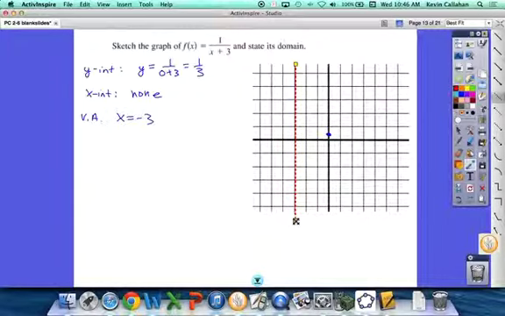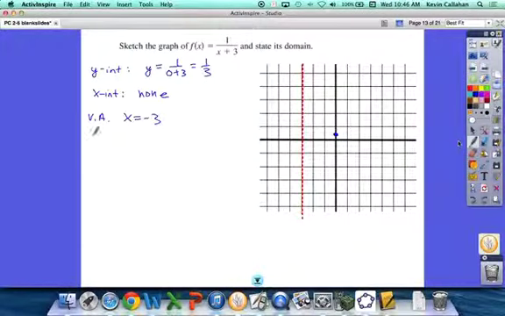That's good, right? The horizontal. Okay, which is a higher degree, the numerator or the denominator? Denominator has a higher degree, so the horizontal asymptote is y equals 0. So sketch that on there.